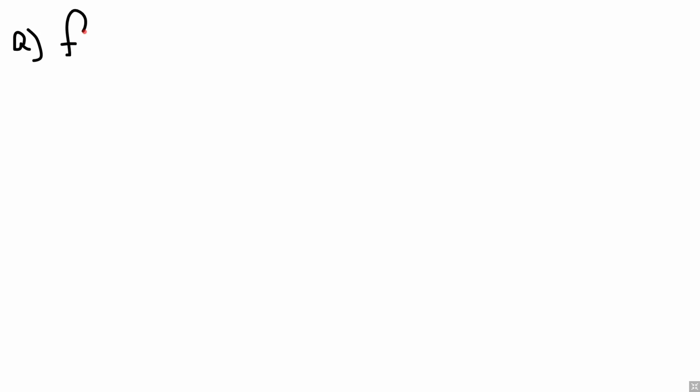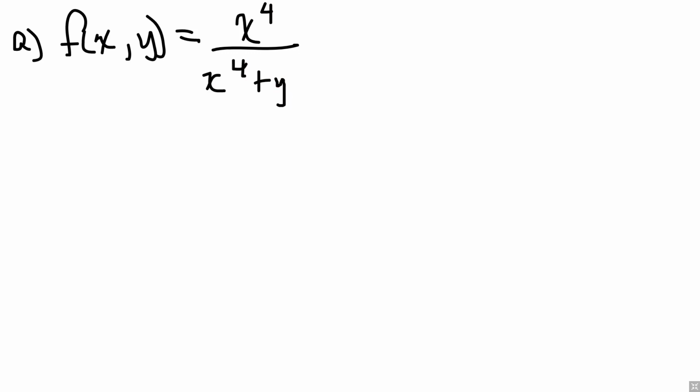We're going to have f of x, y is equal to x to the fourth over x to the fourth plus y squared. In order to help us with this, our goal is to rewrite this function in terms of one variable.